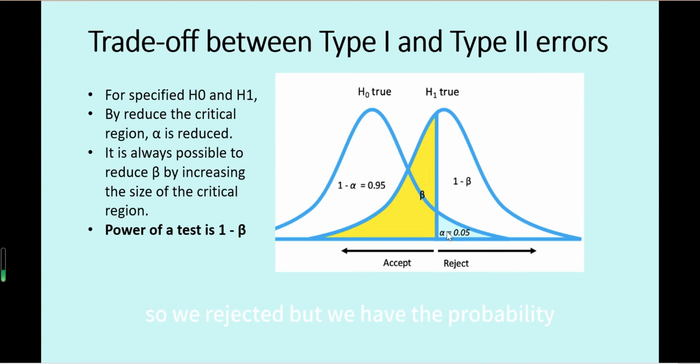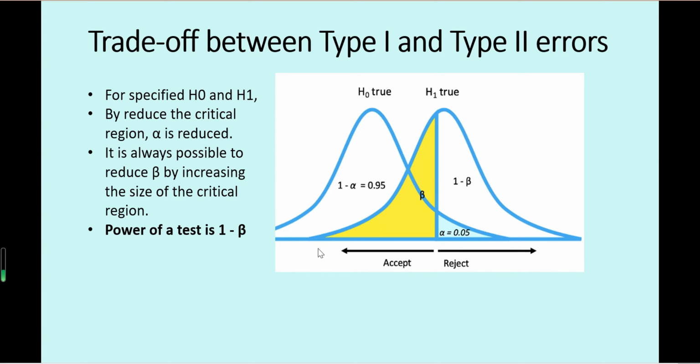On the contrary, for the yellow area, we get fewer positives from a sample of 20 than this limit, so we do not reject.